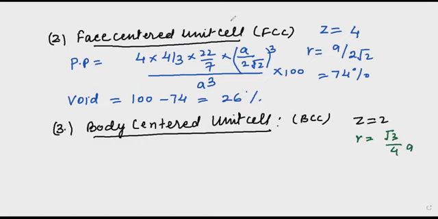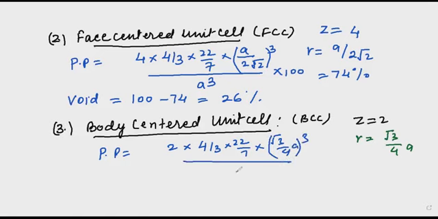So you may calculate the packing percentage: 2 into 4 by 3, 22 by 7 into root 3 by 4 a whole cube upon a cube into 100.